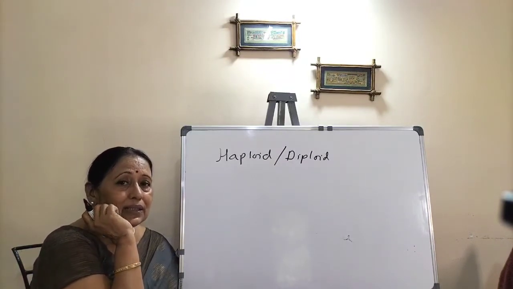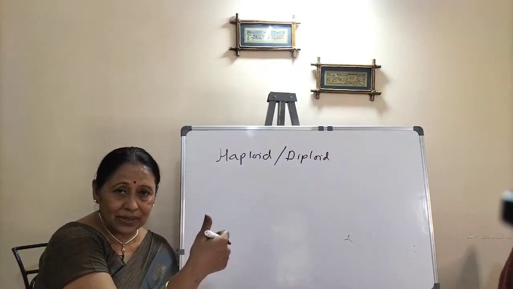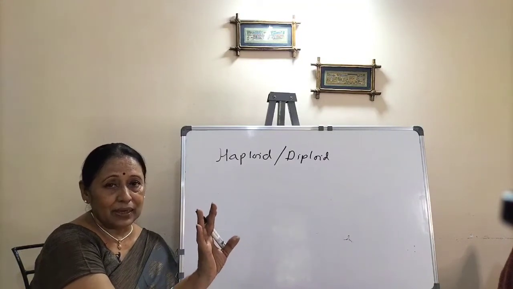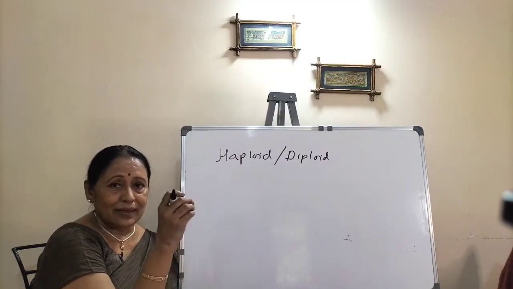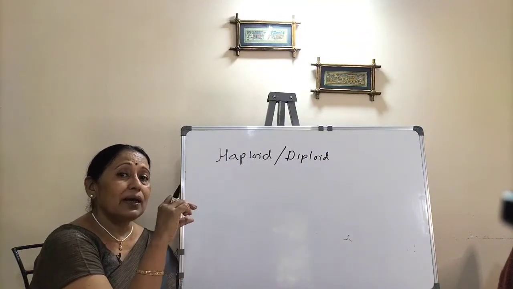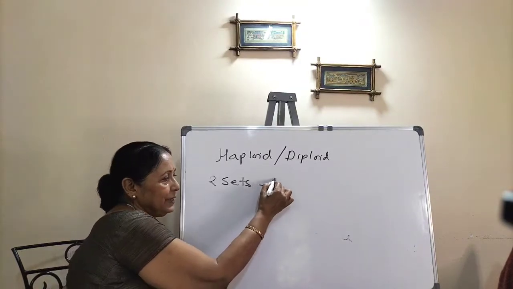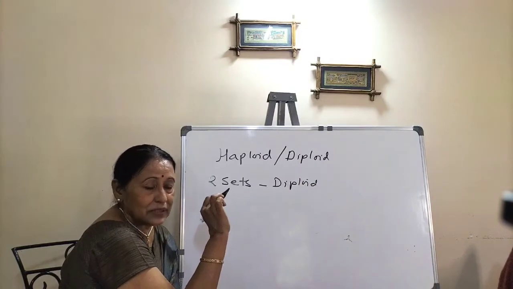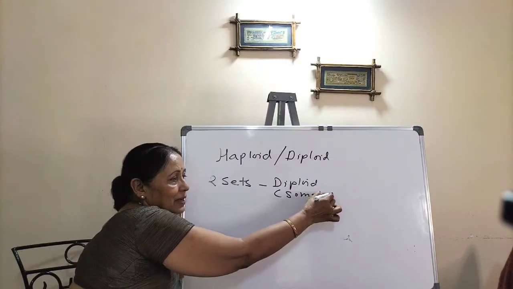Like you are studying 5 subjects, physics, chemistry, bio, English and 1 optional one. So if you are having books for all the 5 subjects, that means you are having 1 complete set. That first set of course is NCERT and the second set may be any other if you are having that. So when both sets are present, it is called diploid and which is present in somatic cells. This diploid number is present in all somatic cells.